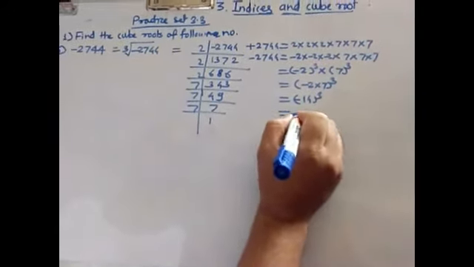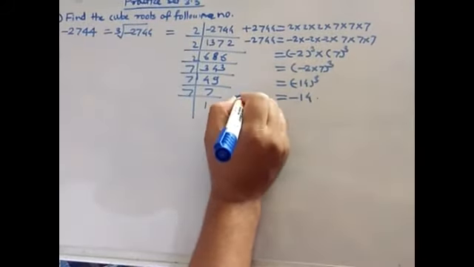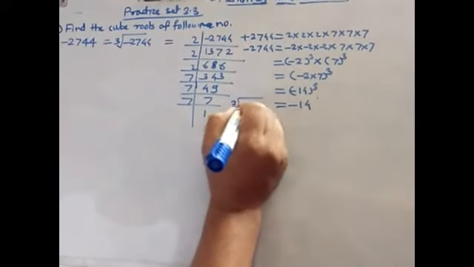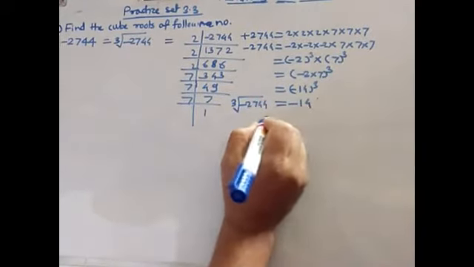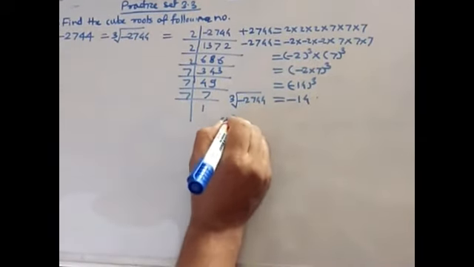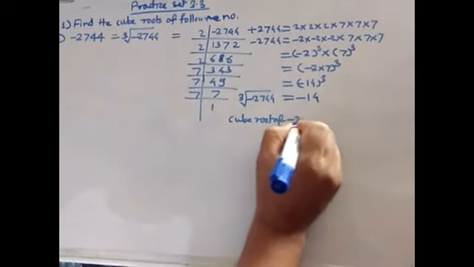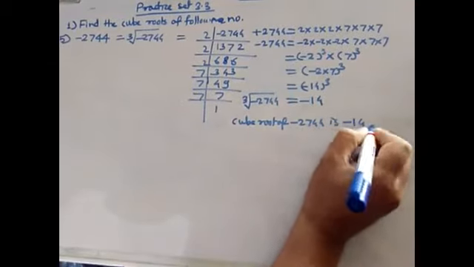Our answer is minus 14, so the cube root of minus 2744 is minus 14. We write that the cube root of minus 2744 is minus 14.